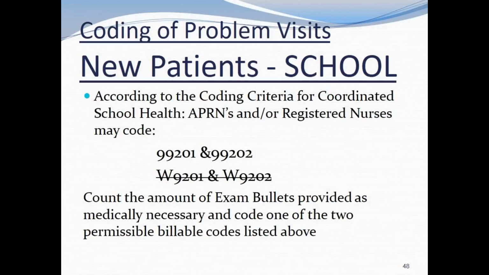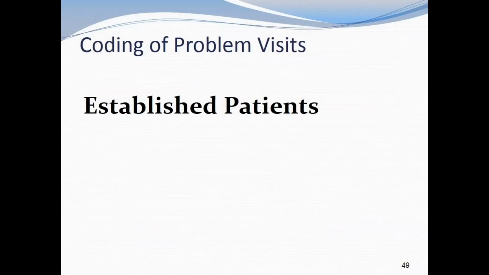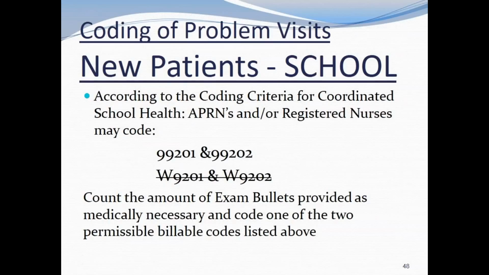So again, you're going to have to count up your exam bullets, make sure you have some history and some decision making, but the way you code is according to how many exam bullets you have in the school setting. But also, just so you know, the highest you can go on this one would be the expanded, according to the coding criteria for coordinated school health.